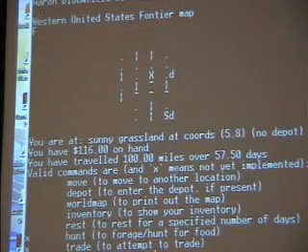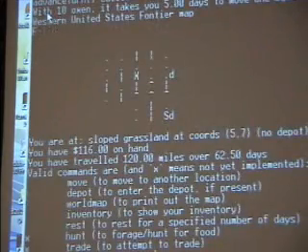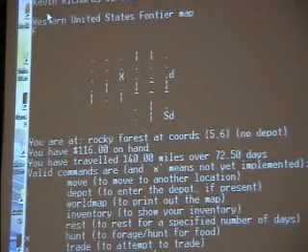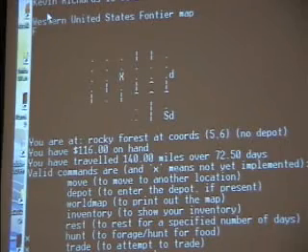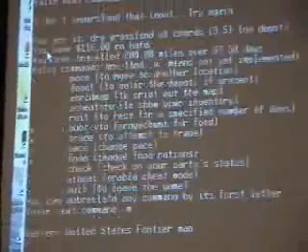I have dysentery. You'll notice right there I have dysentery. Kevin was struck by lightning. Am I going to make it anywhere? Ooh, I found some fruit. Okay, come on.